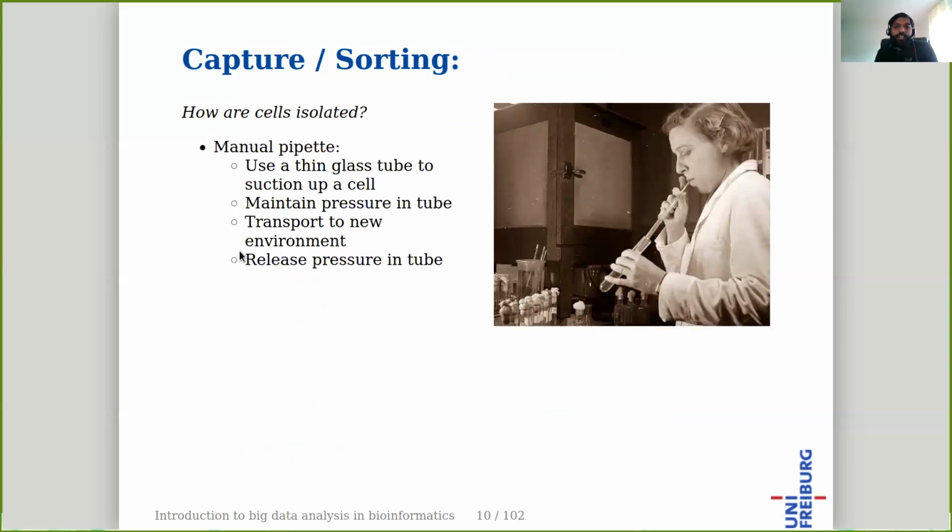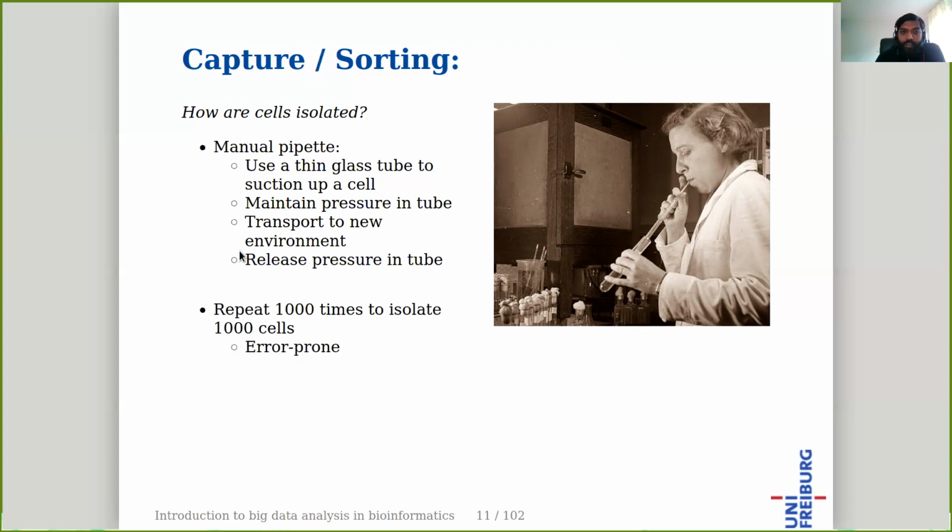In the past, cells were isolated by humans doing manual pipetting. A human takes a thin glass tube to suck up cells by maintaining a constant pressure in the tube, and then transports them into a new environment where they can investigate each cell separately.